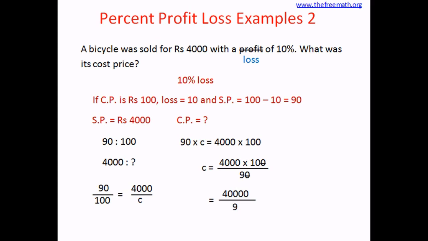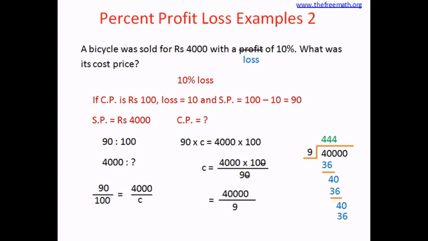So we have to divide 40,000 by 9. Let's divide 40 by 9. 9 4s are 36, the remainder is 4. Bring down the 0. So again you have 40, again 9 4s are 36, again the remainder is 4. If you bring down the next 0, again you have 40, so again 9 4s are 36.